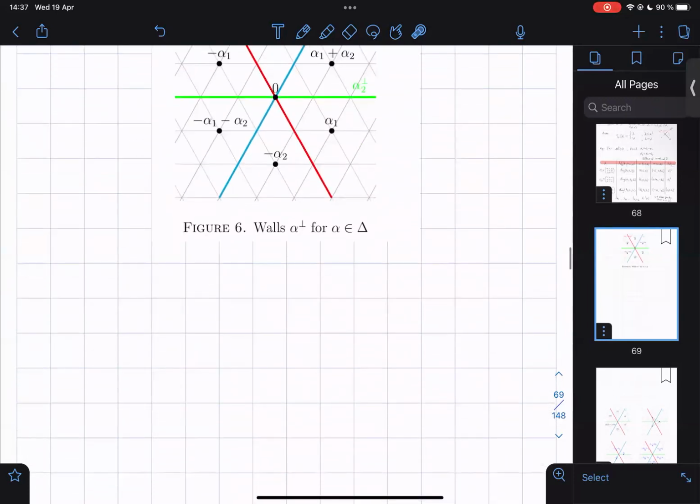Okay, so let's start talking about this as a permutation group.